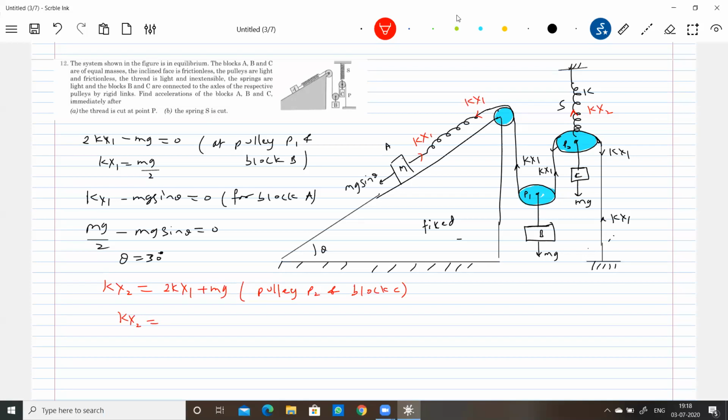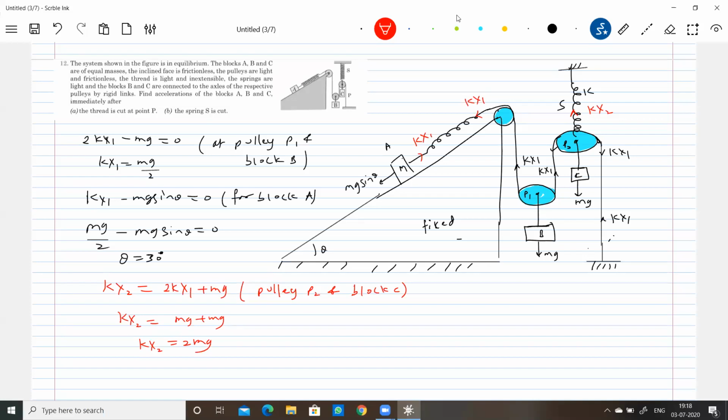Kx1 is equal to mg by 2, or 2kx1 is mg. So this will be mg plus mg, which is 2 mg. So don't blame me, I'm just assuming some value of k. So this is the initial part.